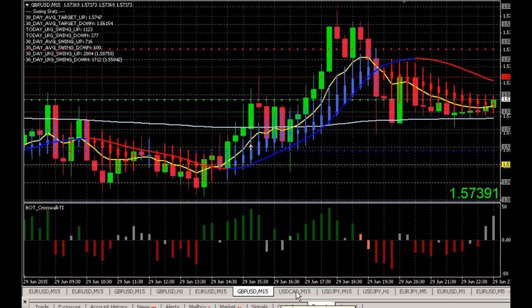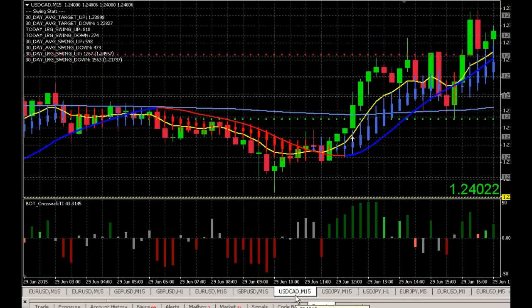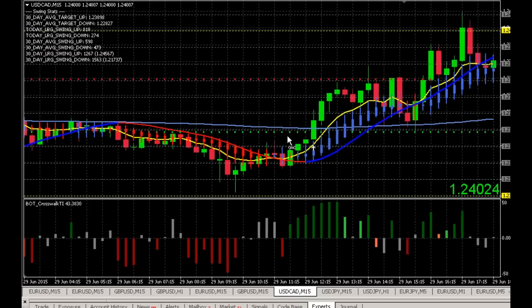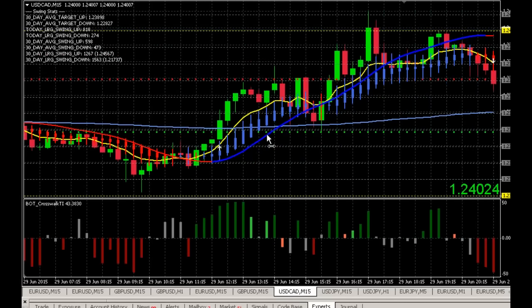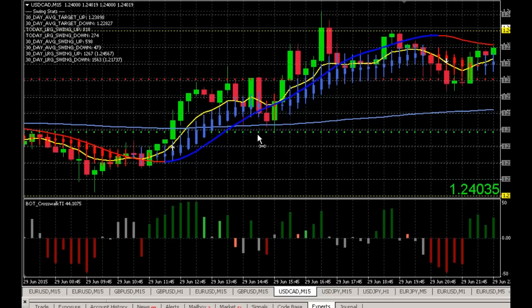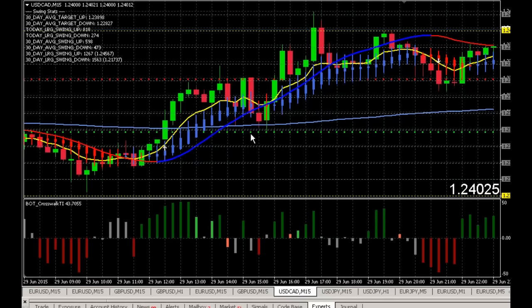Okay, that was the USD CAD. No, I'm sorry, that was pound dollar. Here's our, this is the CAD chart. Okay, also I hope that these arrows are showing up on the video.